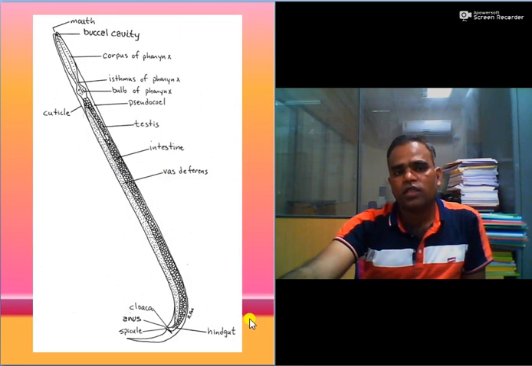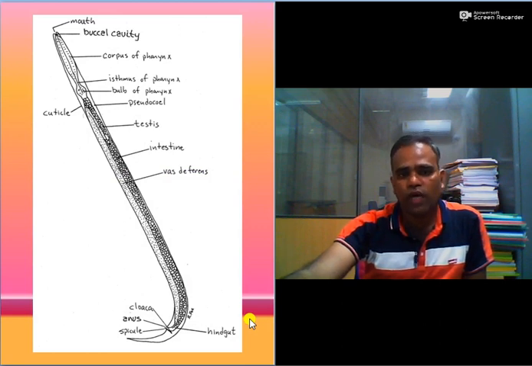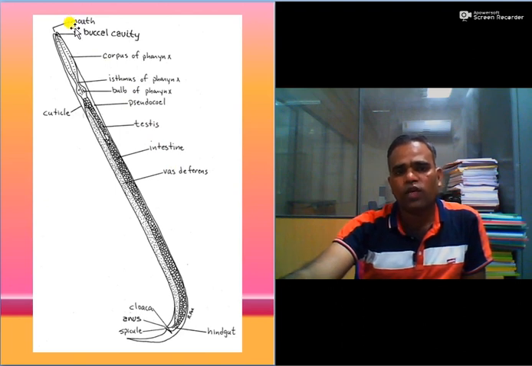So here is a very simple figure, which is drawn by students, which is also available online. So here once again we recall mouth, buccal cavity, procorpus, metacorpus, isthmus, basal bulb, cuticle, testis, intestine, vas deferens, spicula and anus, the common opening called cloaca.